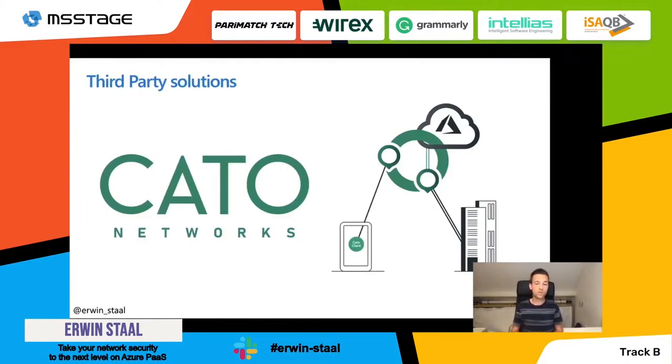Another thing we got by using Cato is that whenever someone connects into Azure, that traffic actually goes through something we call a next generation firewall. That firewall will make sure that the connection is safe, but also that we can't send any malicious data into our Azure tenant.